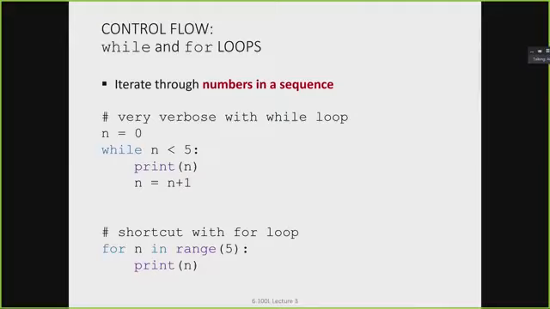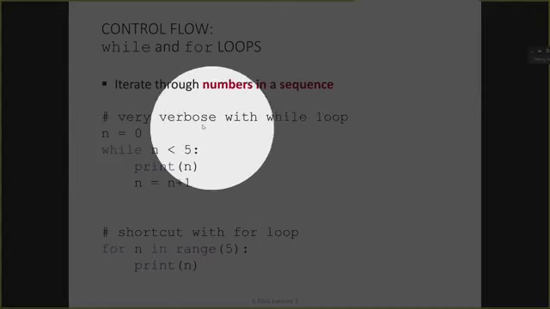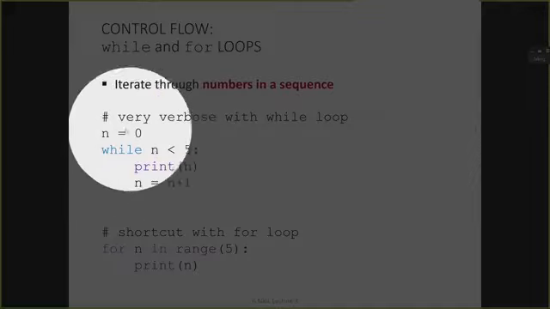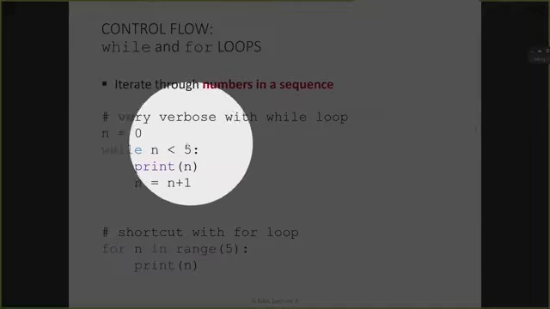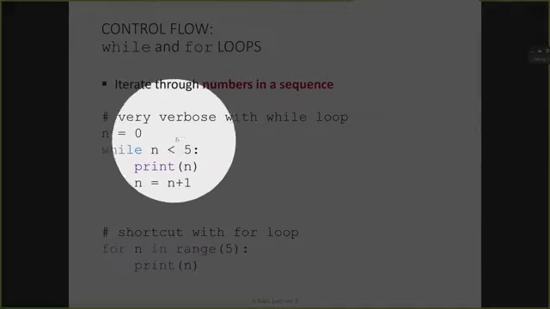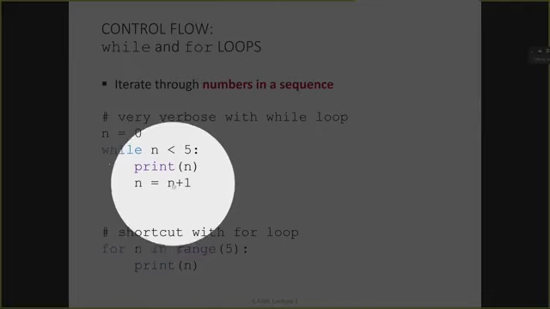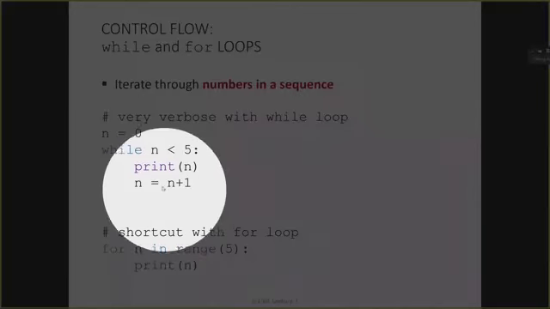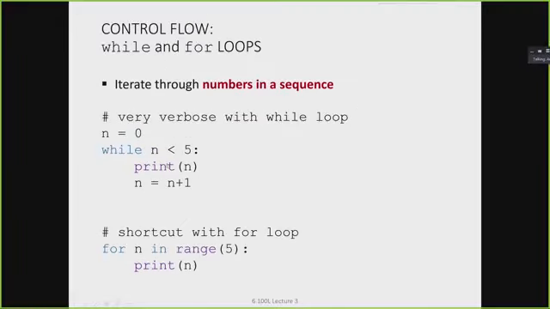So this is the program we had with while loops a couple slides ago. And remember, we were initializing a variable, we were testing the variable with some condition here, and then we were incrementing the variable or doing something that gives us nice forward progress towards making this condition false. But it's really verbose.